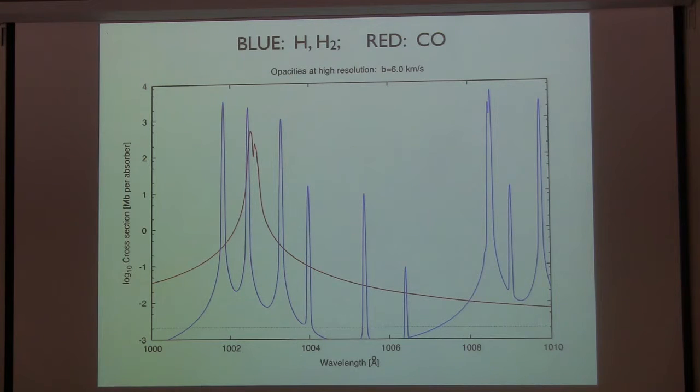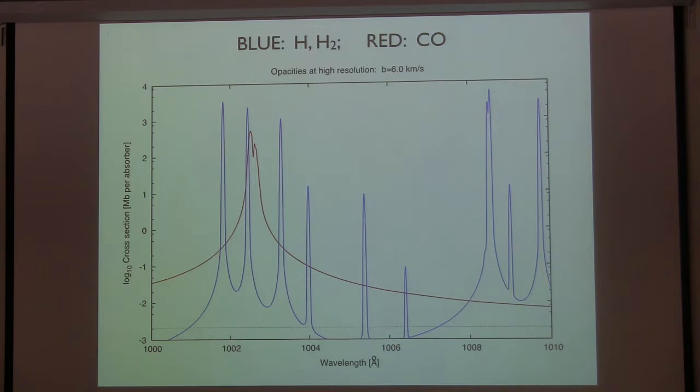The blue curves show the wavelength dependence of the cross-section in these spectrum lines. These are electronic transitions with vibrational and rotational fine structure. The blue is the hydrogen. Again, I've also stuck in the Lyman lines of atomic hydrogen. And the red is the carbon monoxide.